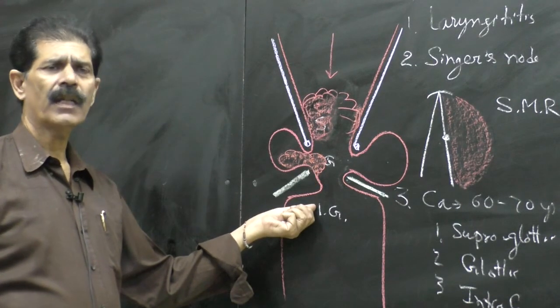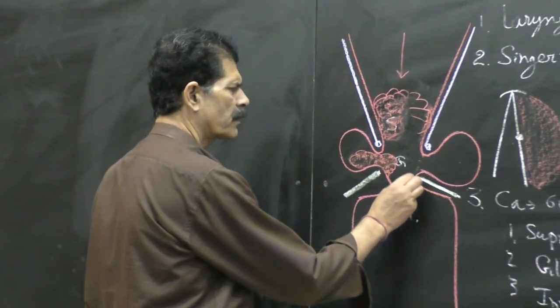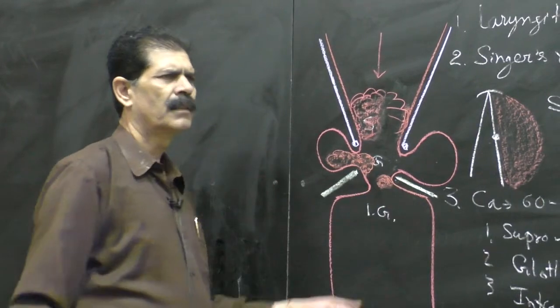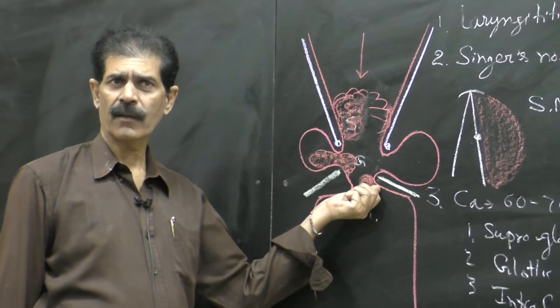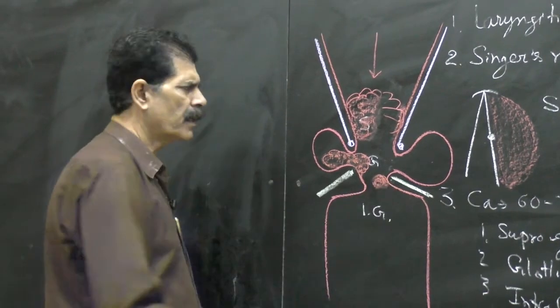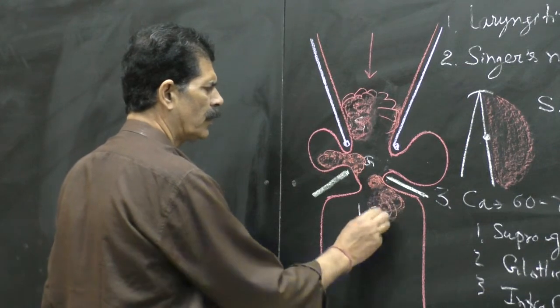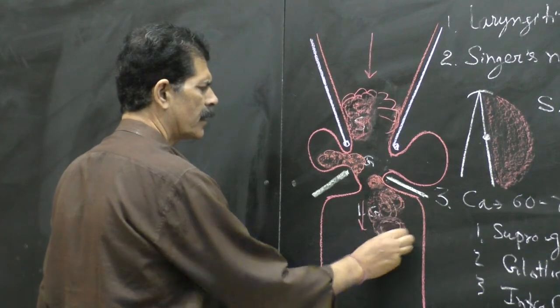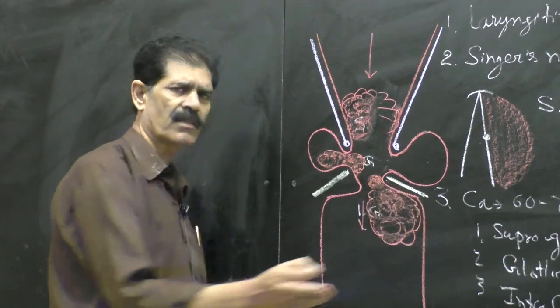Third is the infraglottic. Infraglottic tumors involve the vocal cords earlier, and the patient comes early, and the cancer is detected earlier. But these growths go downward into the trachea, and the trachea is very spacious.